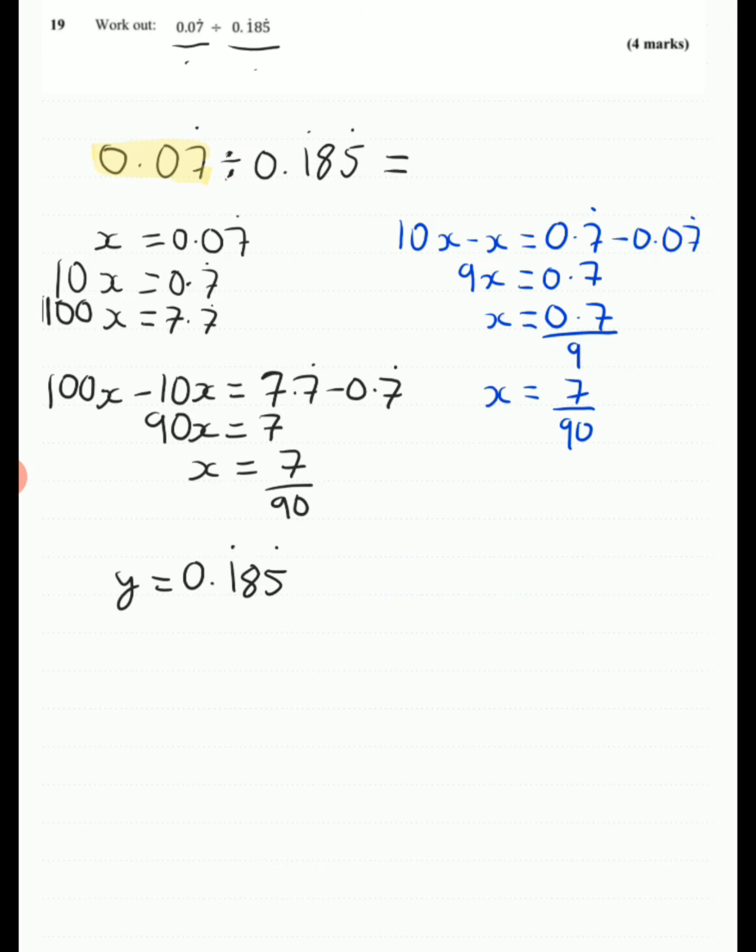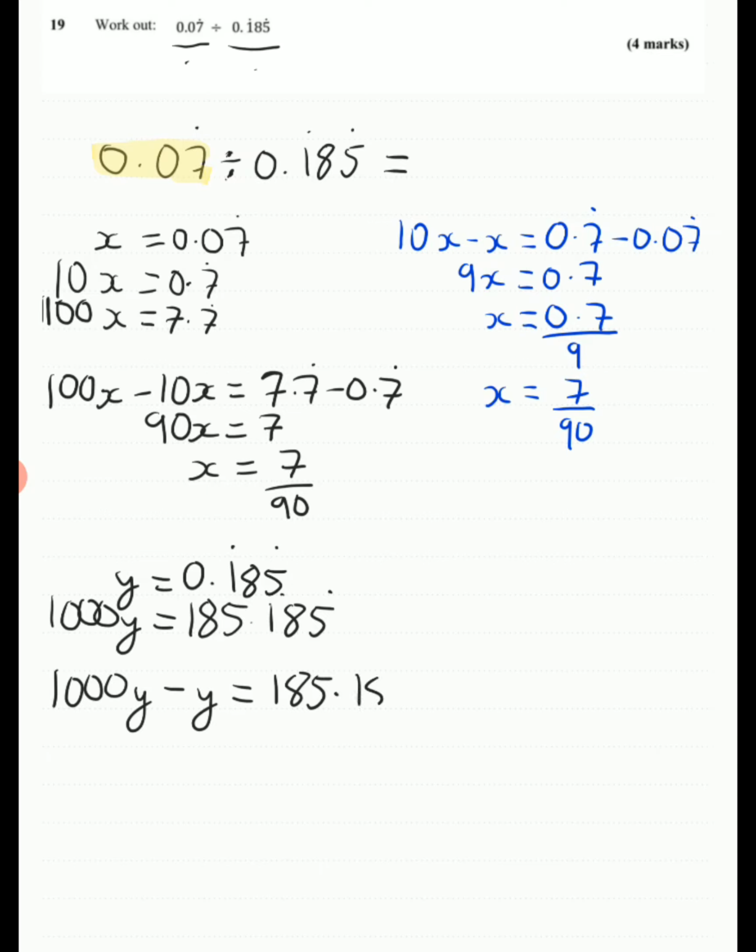So, I'll be multiplying by 1,000, so 1,000y is equal to 185.185 recurring. And now I can do 1,000y minus y, which will be the same as 185.185 recurring minus 0.185 recurring.